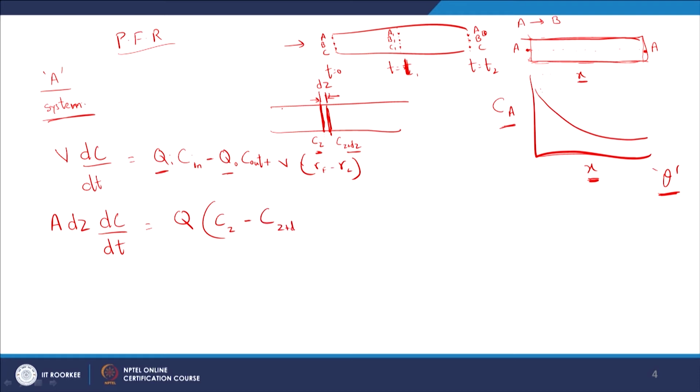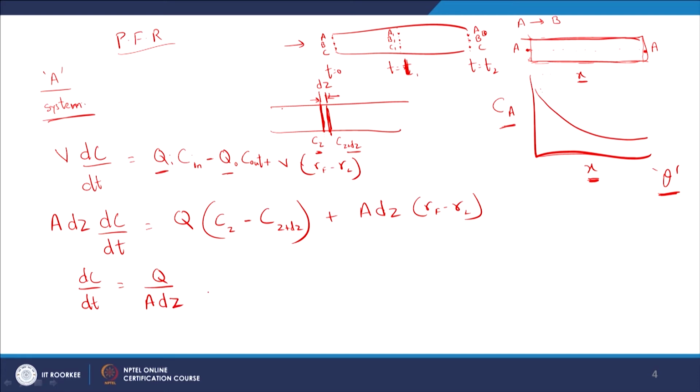Cz plus dz, right, plus volume again is A dz into rate of formation minus rate of loss, right. So, what do I have here? And again I divide here by A dz, I guess, right. So, dc by dt is equal to q by A dz, right.